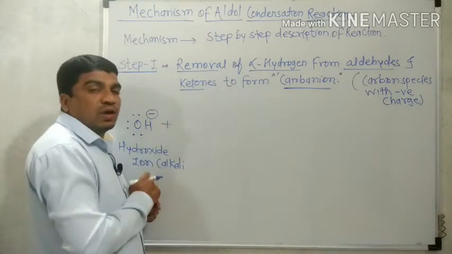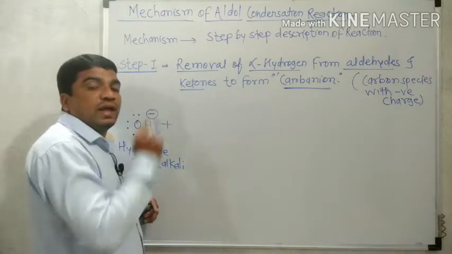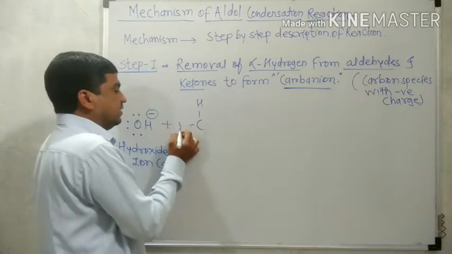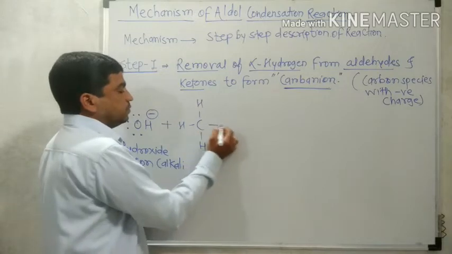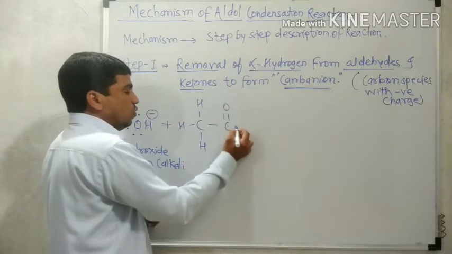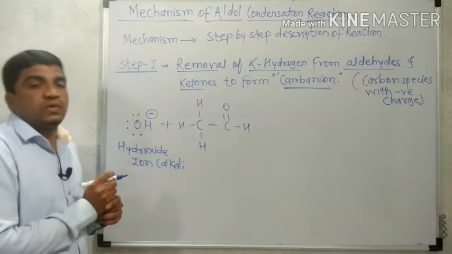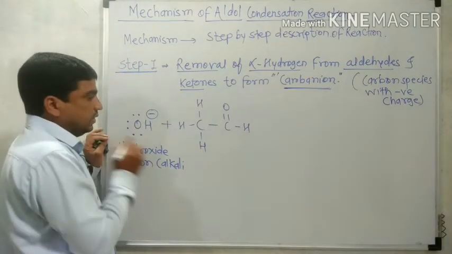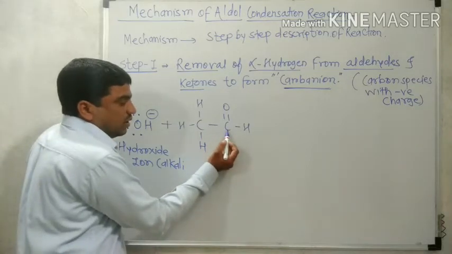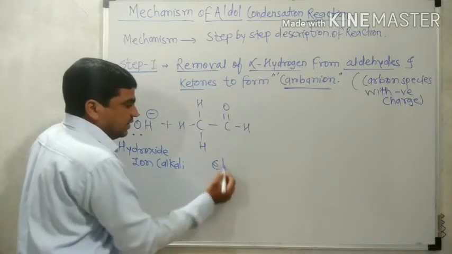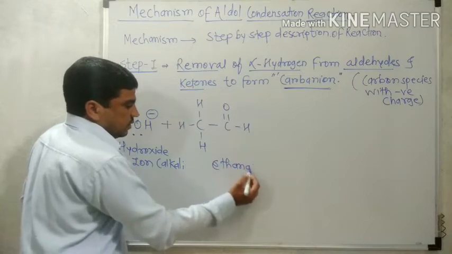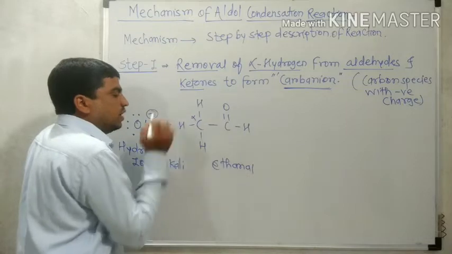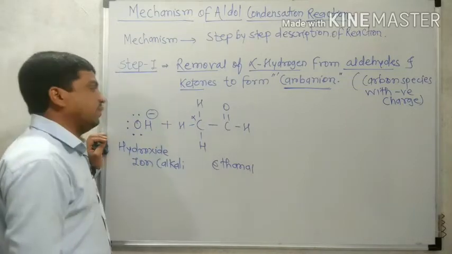For example, we are going to discuss the example of acetaldehyde. Acetaldehyde is CH3CHO. Here this is the carbonyl carbon of acetaldehyde, that is ethanal, and the next carbon to the carbonyl carbon is the alpha carbon.